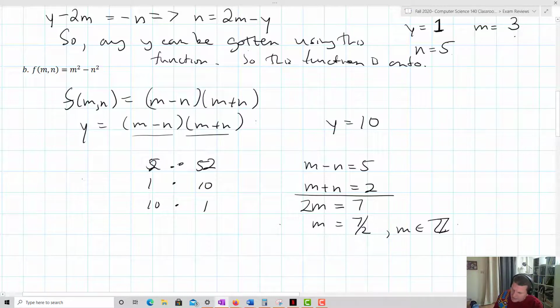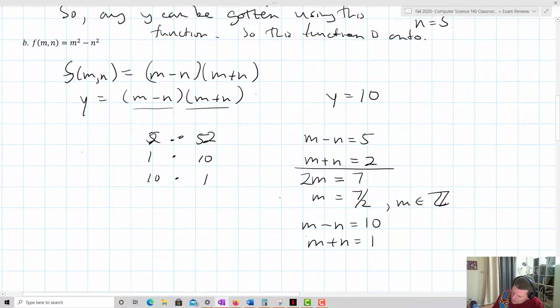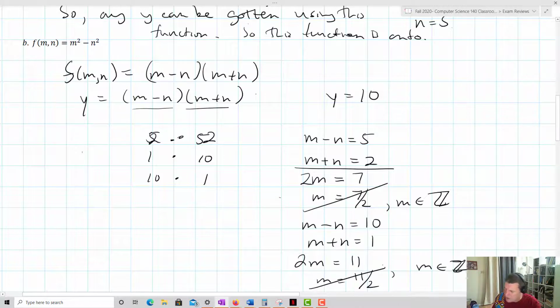What about this? We take m minus n equals 10, and m plus n equals 1. Now what that gives me is 2m equals 11, and then m must equal 11 over 2. Well, again, m belongs to Z, so m cannot be 11 over 2 either.